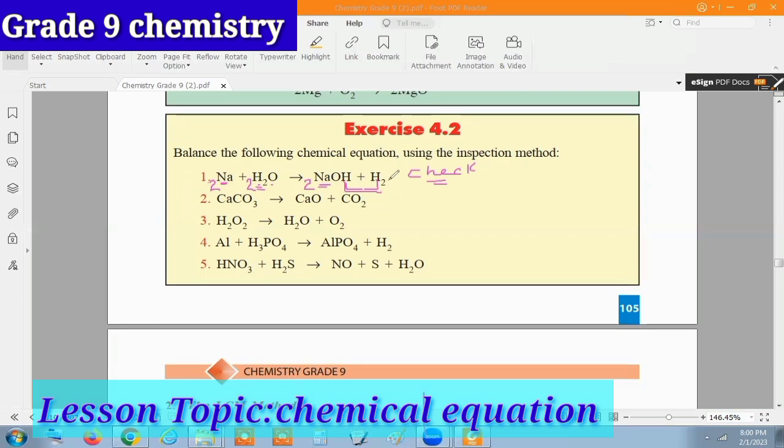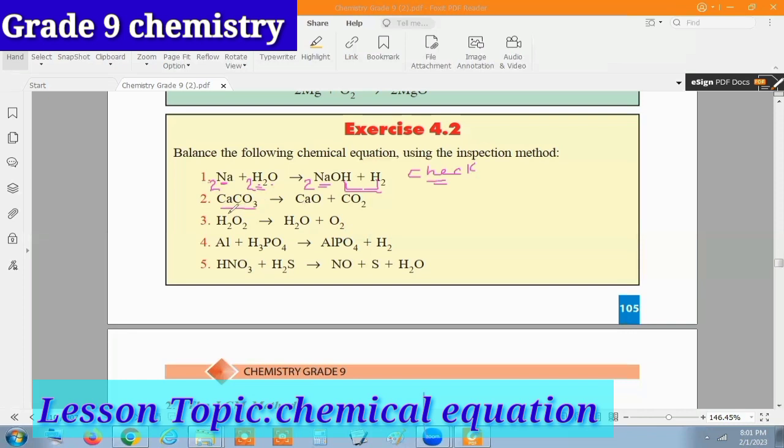Now we have balanced this equation by using only the inspection method, by simply contemplating the numbers that make each group equal. Most of the time it is used to balance some simple chemical equations.